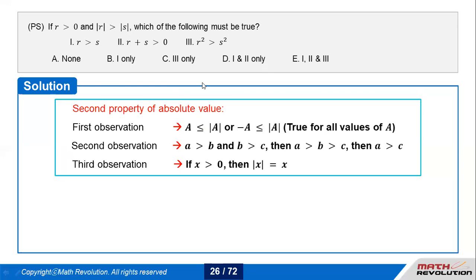Now see, the first observation that we have here is if a is less than or equal to mod of a, or minus a is less than or equal to mod of a, then it holds for all the values of a. Second observation, in inequality, the first property that we learned, if a is greater than b and b is greater than c, then a has to be greater than c. And the third observation is if x is greater than 0, then modulus of x would be equal to x.